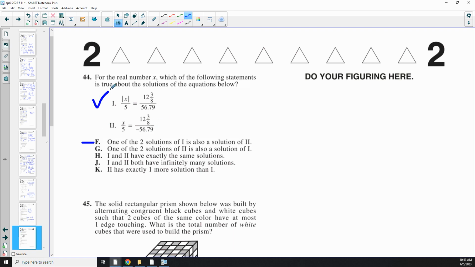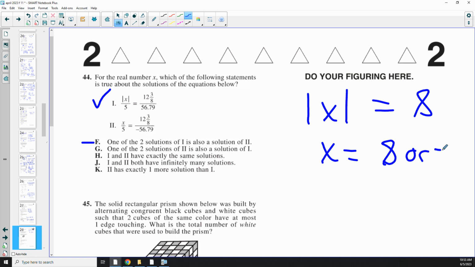This one would have both positive and negative solutions. That has to do with whenever you're solving an absolute value equation, it would have two solutions.